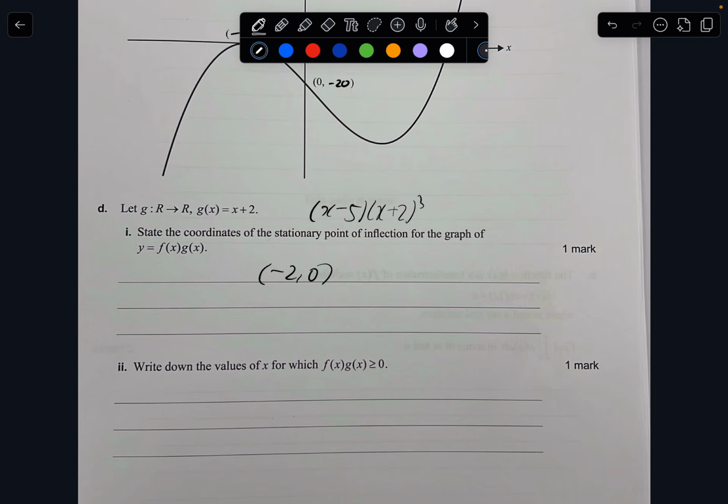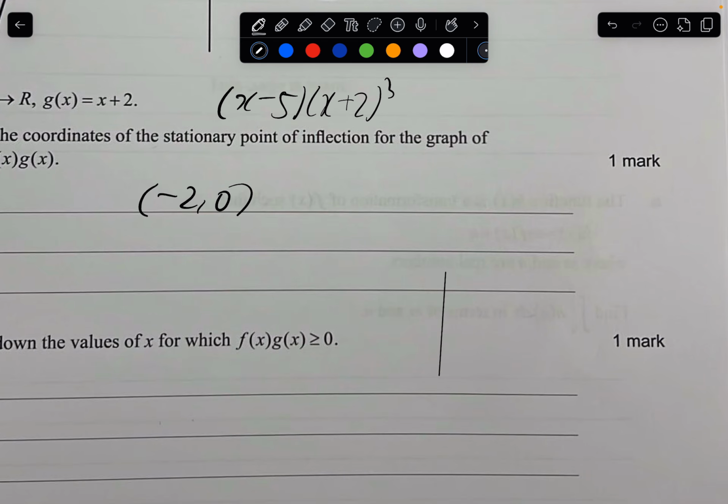Write down the values of x for which f of x times g of x is greater than or equal to 0. So we know that the graph will look like, and we'll have that same x-intercept and the 5 as well, but now it will look like this.